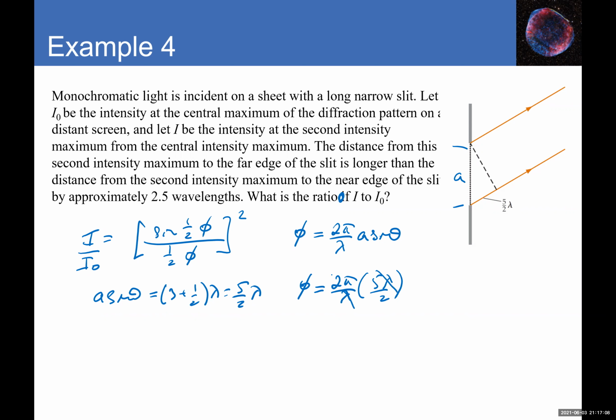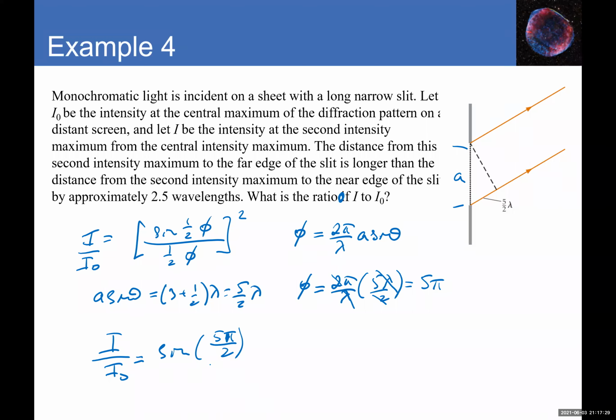Lambdas cancel out, 2's cancel out, and we get 5 pi. That means we can come back here. I over I naught equals sine of 1/2 phi, where phi is, sorry, phi is 5 pi.